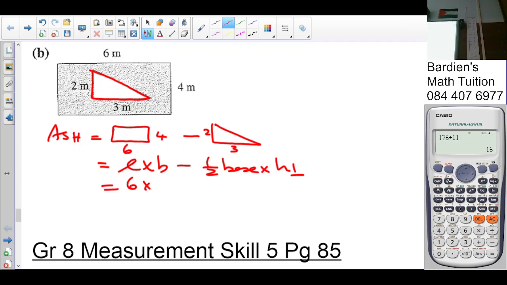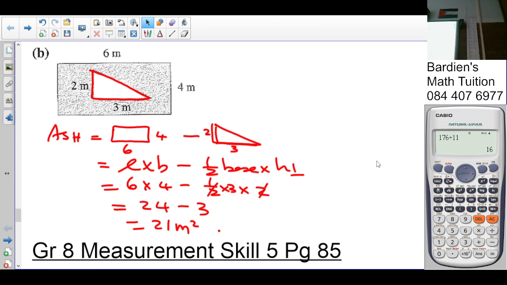My breadth? 4. Minus half, what's my base? 3. What's the height? 2. You understand? 6 times 4 is 24, minus half times 2 is 1, times 3, which is 21 meters squared. Any confusion here, people?